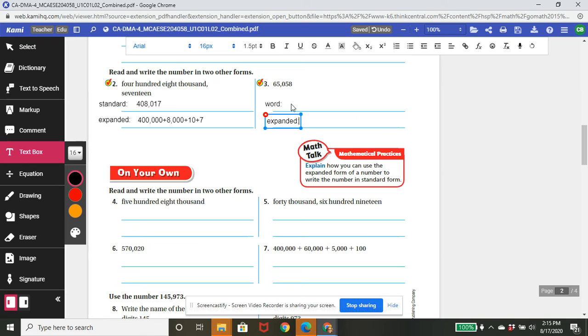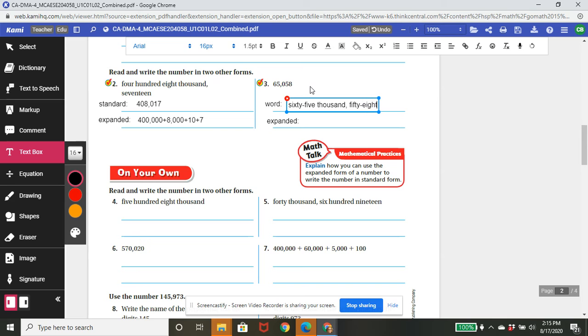Remember that word form is just writing it out in words the way you would say it. So I need to look at my first period before the comma, and the first period says 65, and then the comma says 1,000. 65,000. Okay. After the comma, it says 58. 65,058.